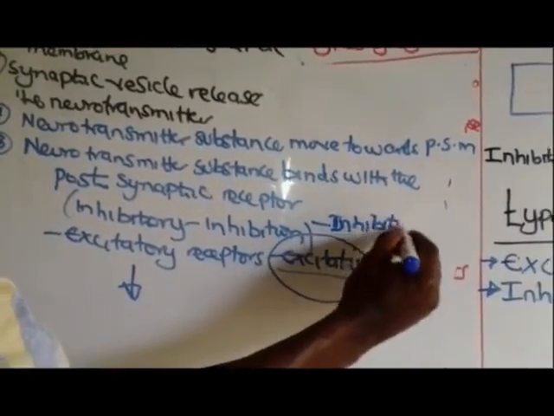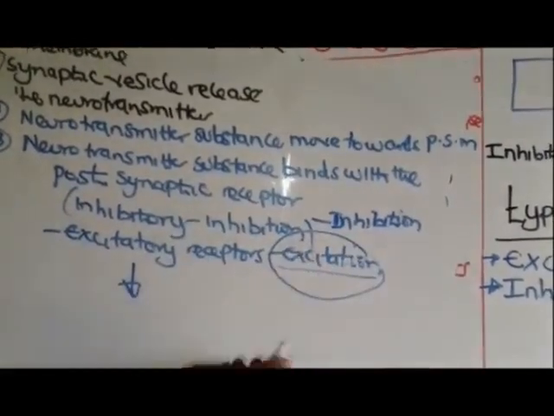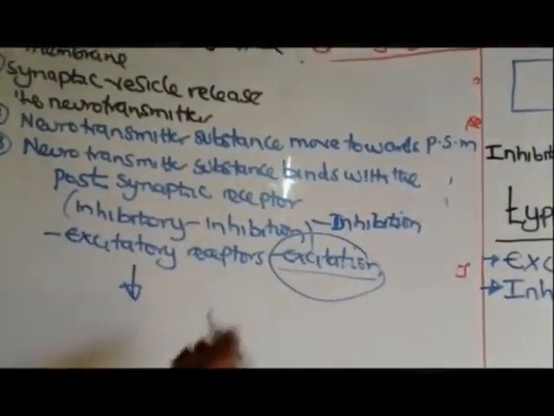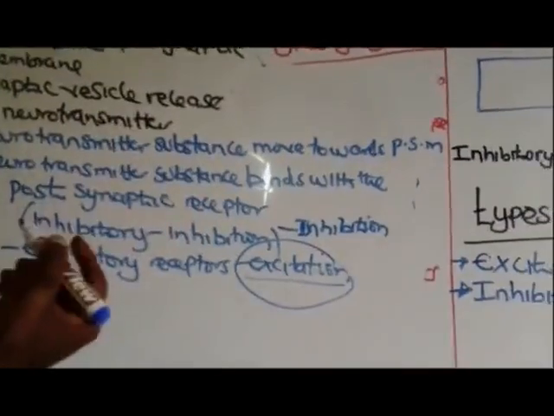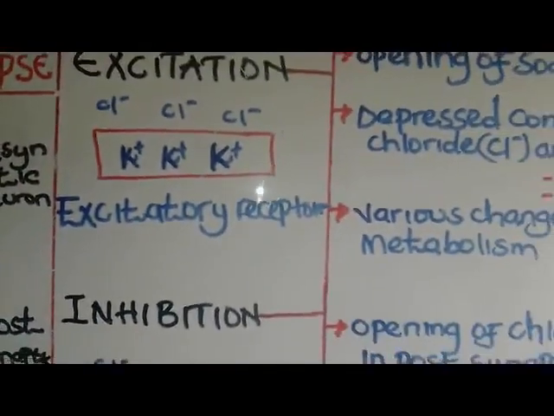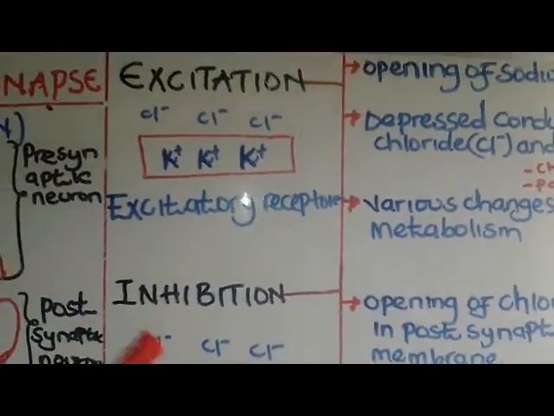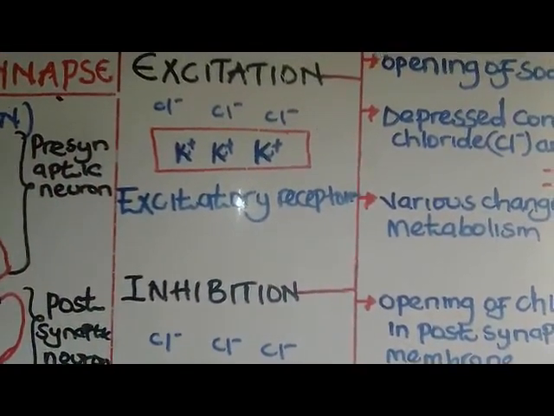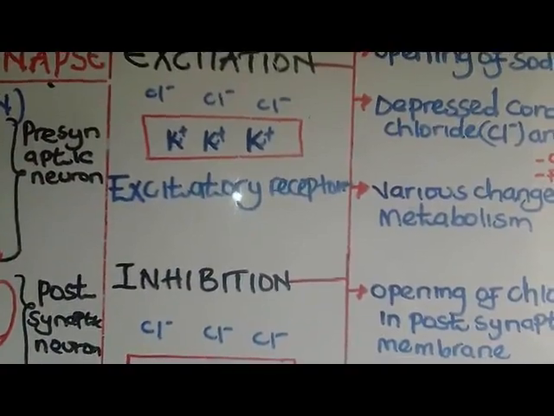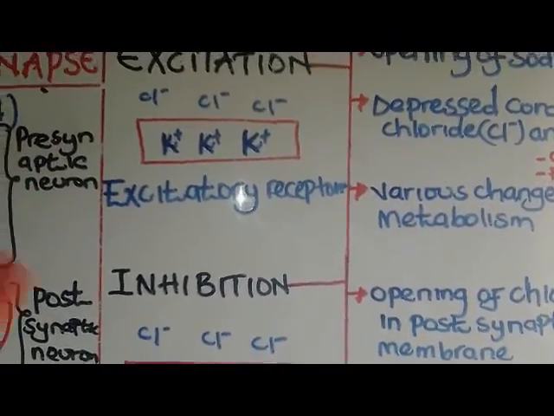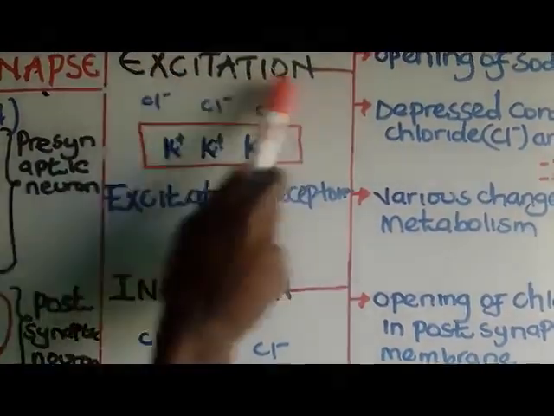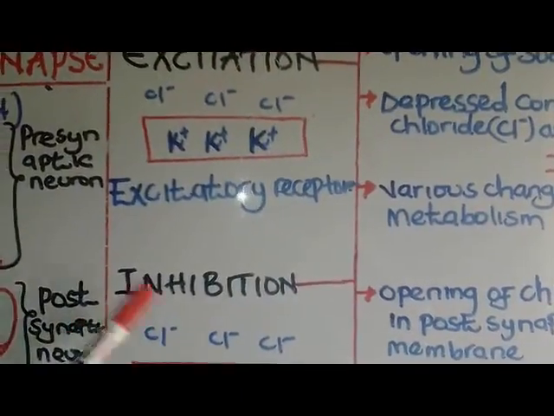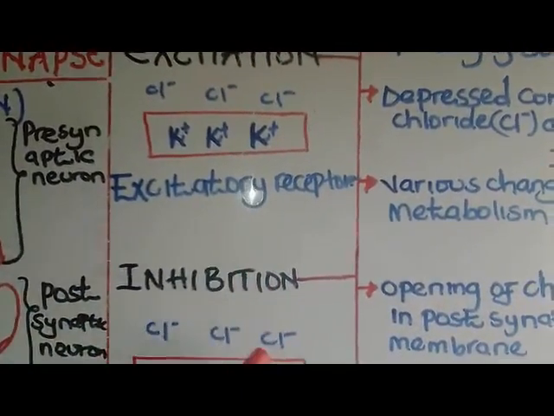Now, whether there is excitation or inhibition is going to be based on this biology. We need to understand what we are calling excitation as well as inhibition, because the movement of the action potential, or the impulse, depends more on whether there is excitation taking place or inhibition taking place.